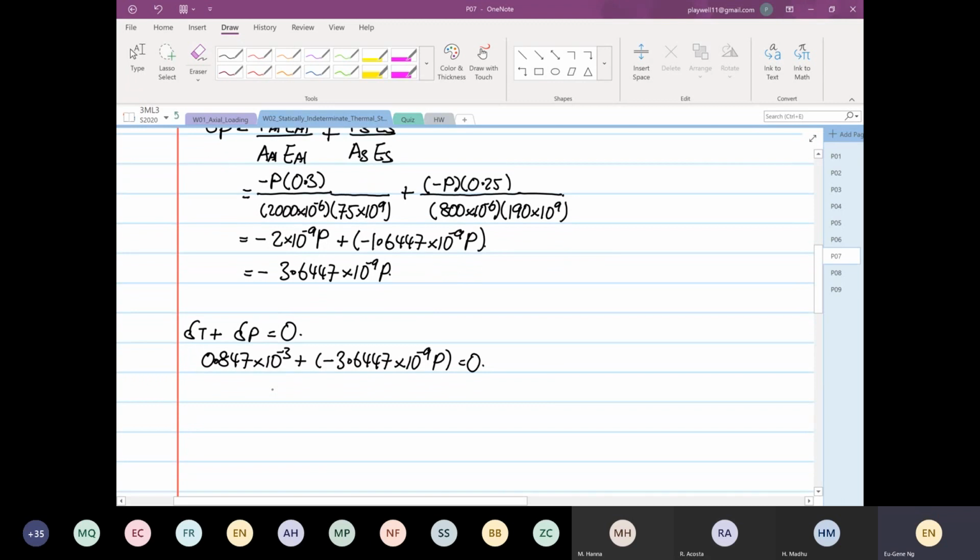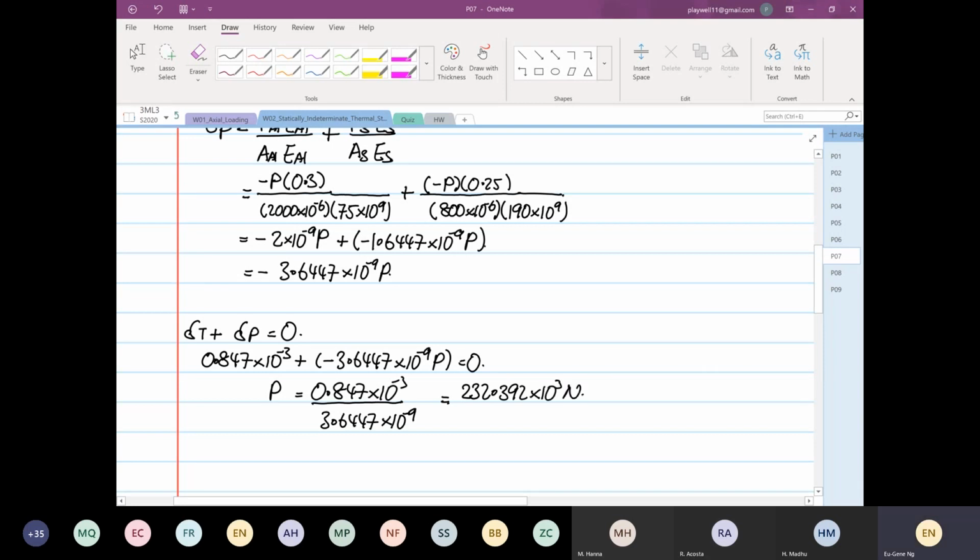So from here, P will be equal to 0.847 times 10 to the power minus 3 divided by 3.6447 times 10 to the power minus 9. So this will come out to be 232.392 times 10 to the power 3 Newton.